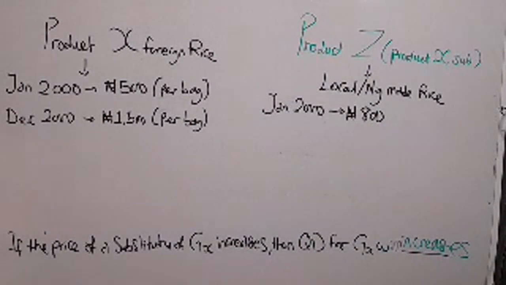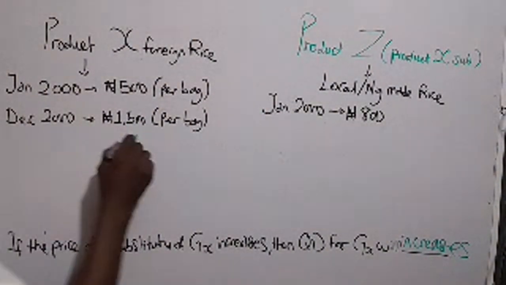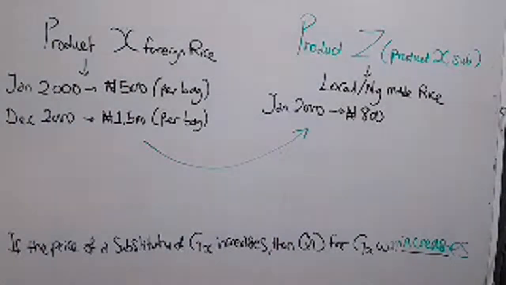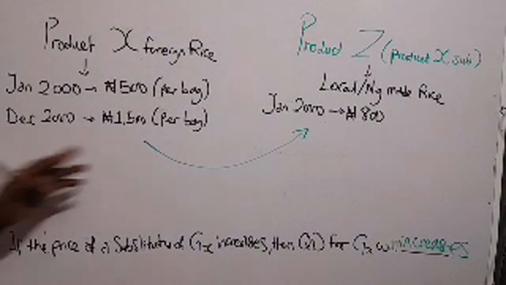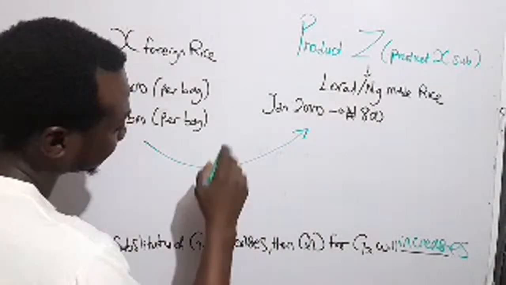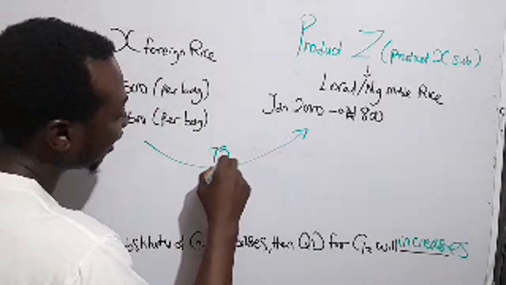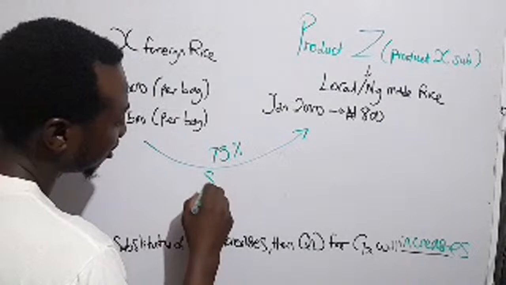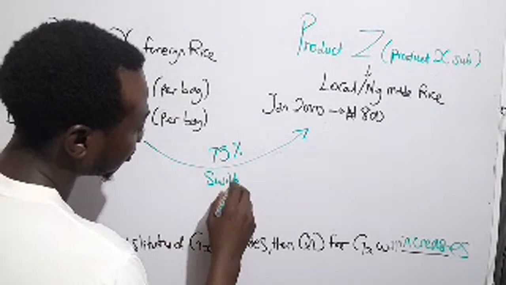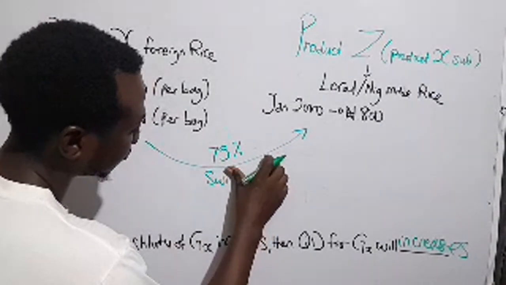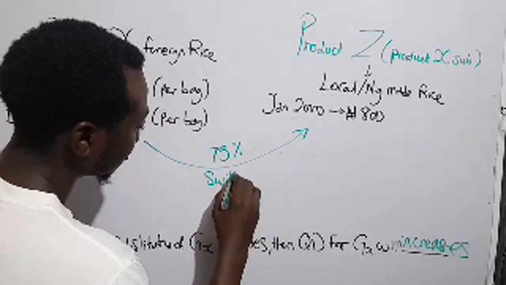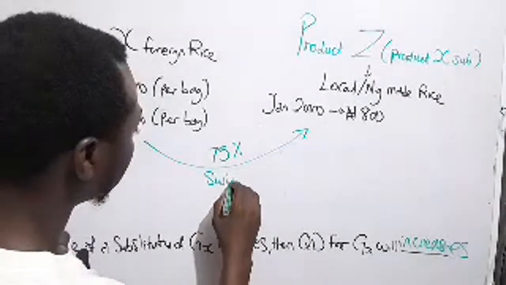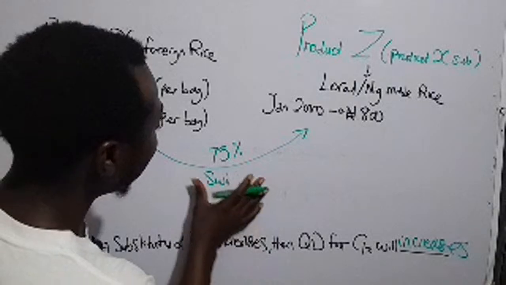Automatically, everybody will switch to this. At least if not everybody, let's say 75% will switch.